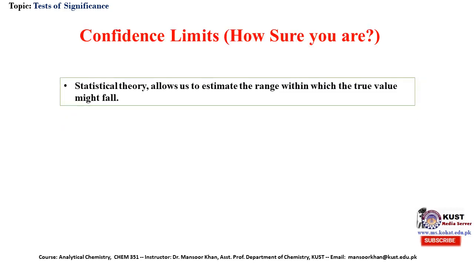One of the most important terminologies is confidence limit. It tells us how sure you are. Statistical theory allows us to estimate the range within which the true value might fall.